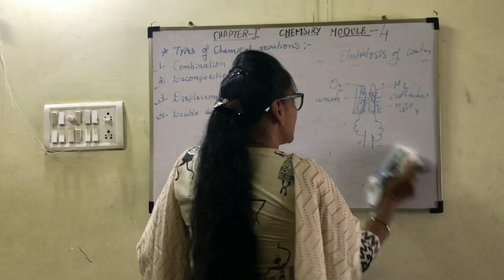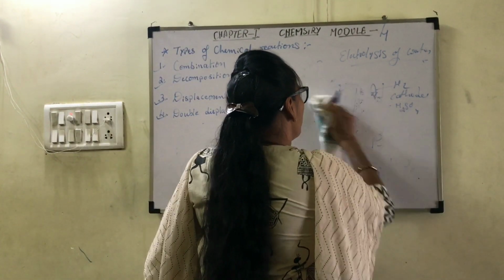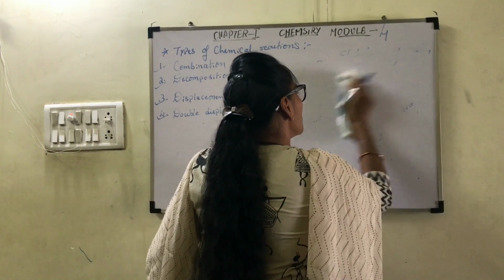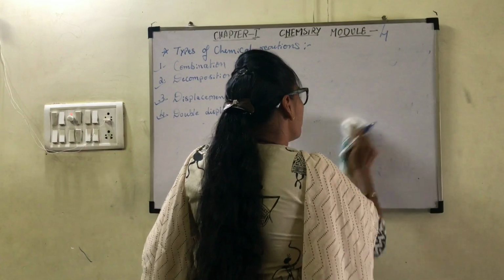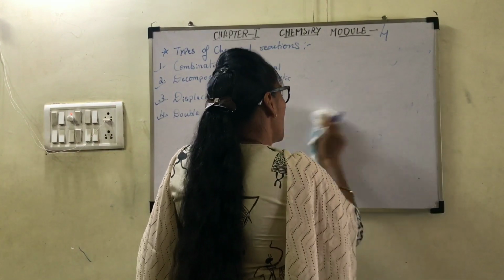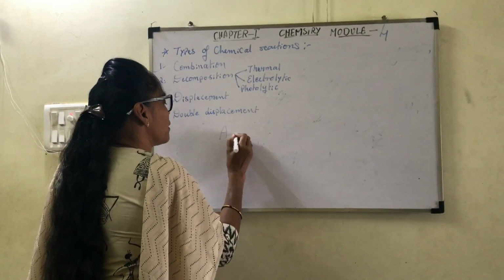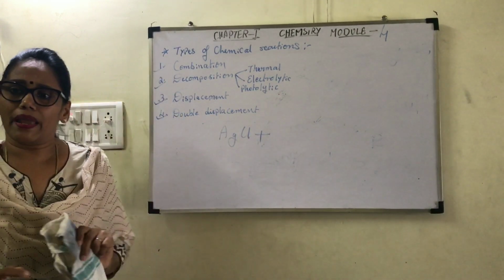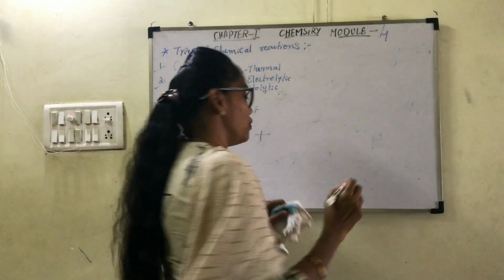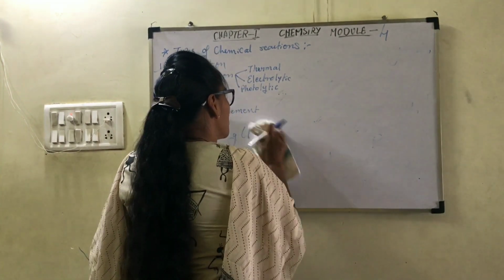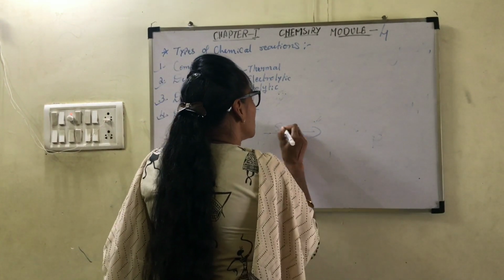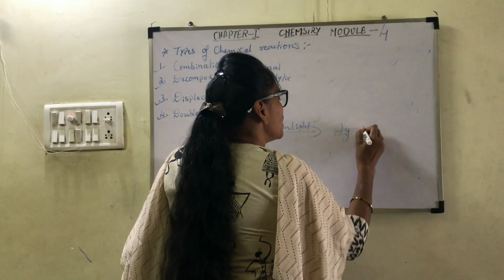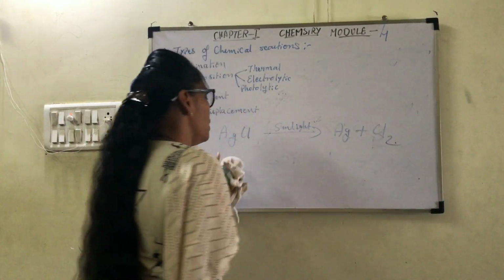So coming to the next is photolytic decomposition. Photolytic is nothing but decomposition that's happening in the presence of sunlight. So there are some reactions like silver chloride, AgCl, will undergo decomposition only in the presence of sunlight to give you Ag plus Cl2.